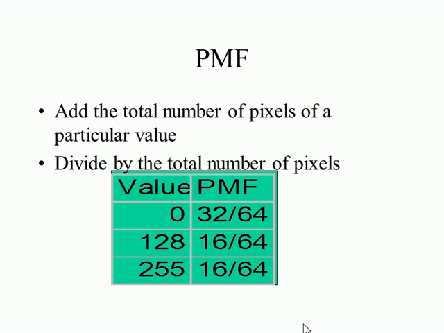128 happens in 16 pixels out of 64. So you can get a probability mass function for that. If you wanted to determine the cumulative mass function of all the pixels that are 128 or above, what would you get based on the table that you see here?